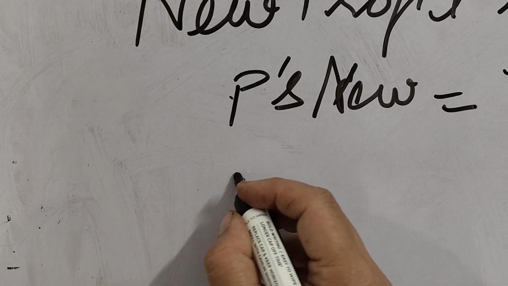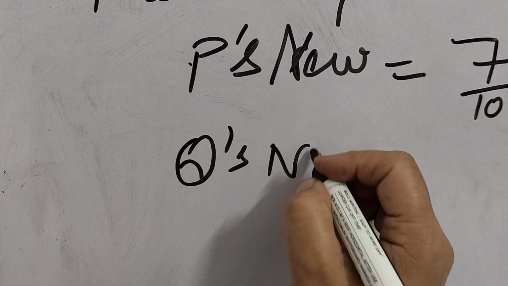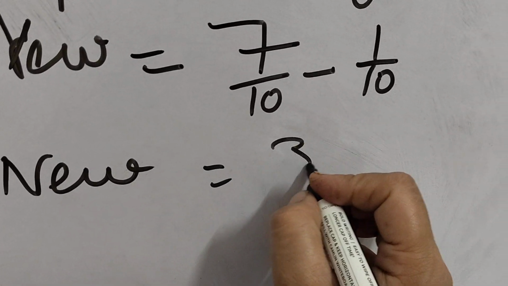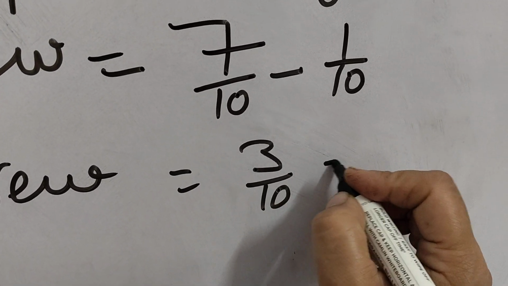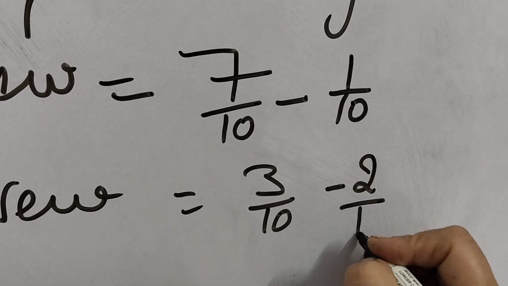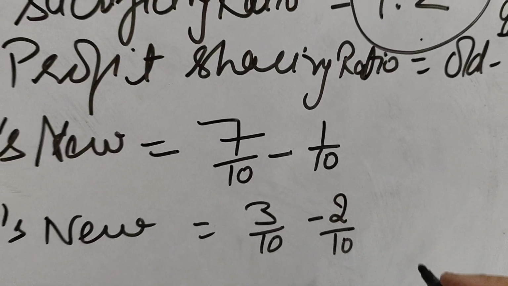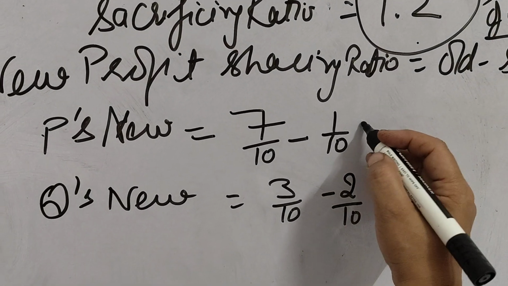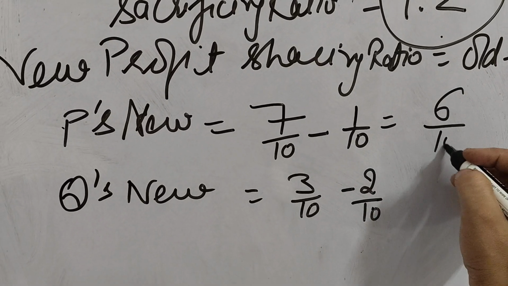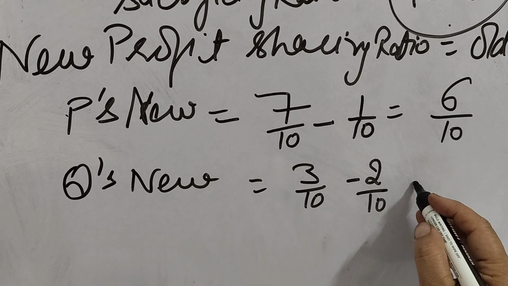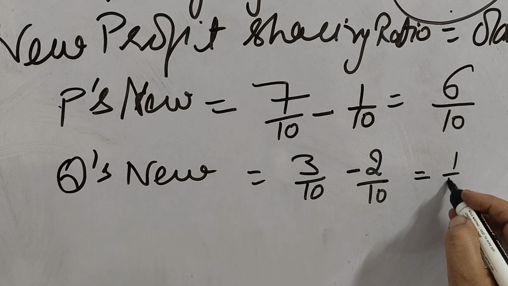Now Q's new share would be his old ratio, that was 3 by 10 minus his sacrifice was 2 by 10. So what is P's new share? That is 6 by 10 here. What is Q's share? That is 1 by 10.